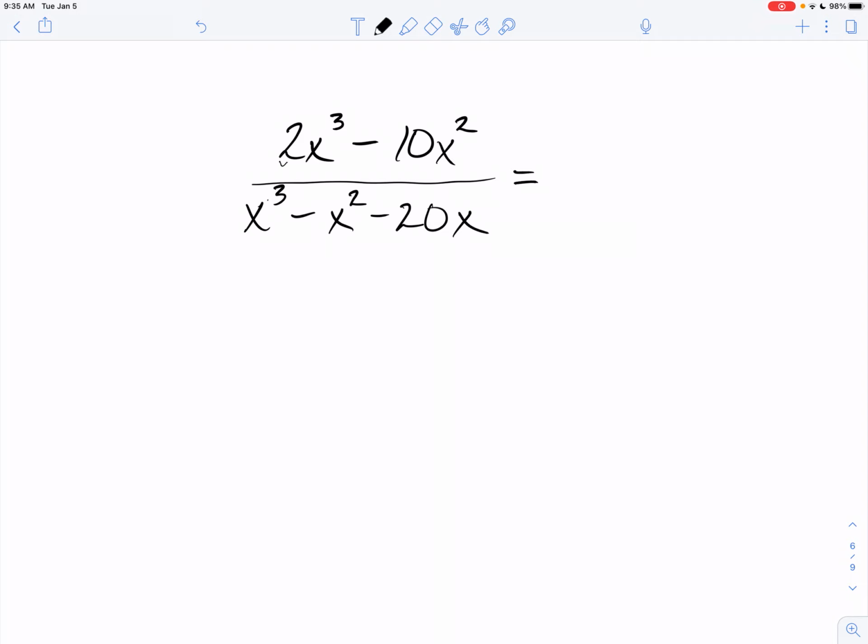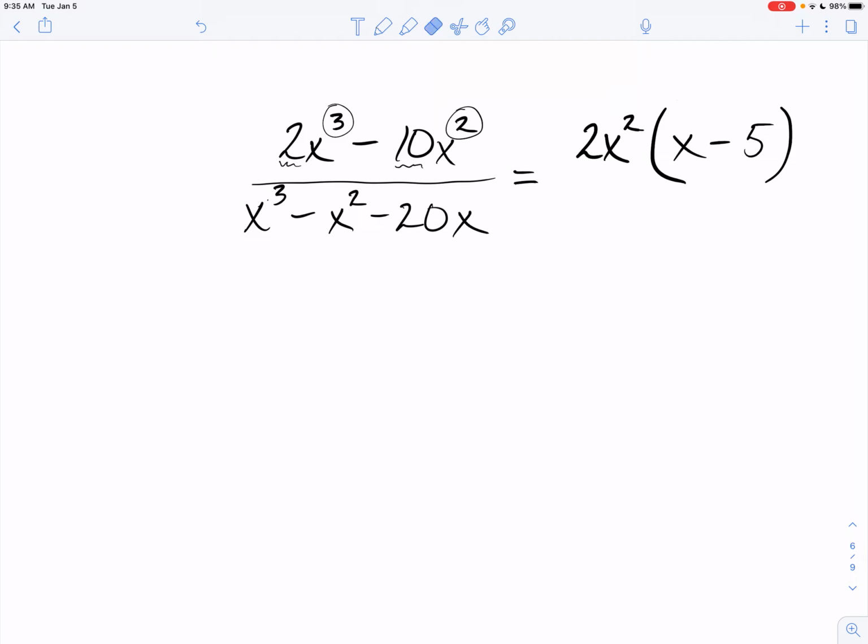So in the top, 2 goes into both of these, and the greatest common factor is based on the variable, right? So I'm going to say 2x squared. Build it back. If I started with 2x squared and I brought it back, it would be x minus, what should go there then? It should be 5. That's the top. The top has been factored.